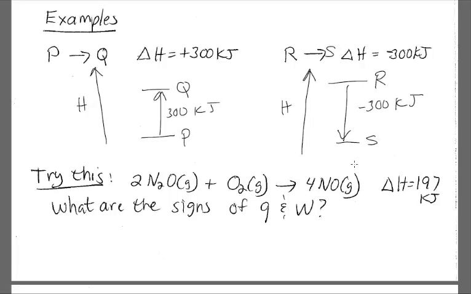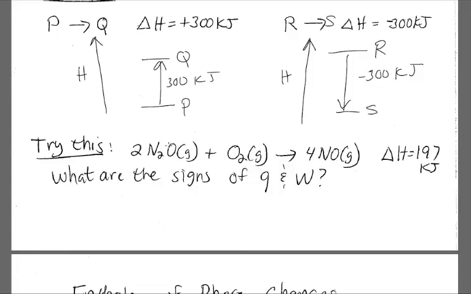All right, so let's have you try this question. Use this reaction with an associated delta H and say what the signs are for Q and W. Okay, so Q, you may recall at constant pressure, Q is equal to delta H. So delta H is over here, it's positive. So if it's positive, then Q is positive.